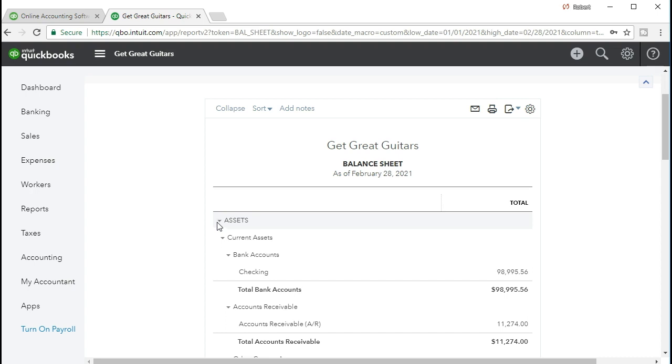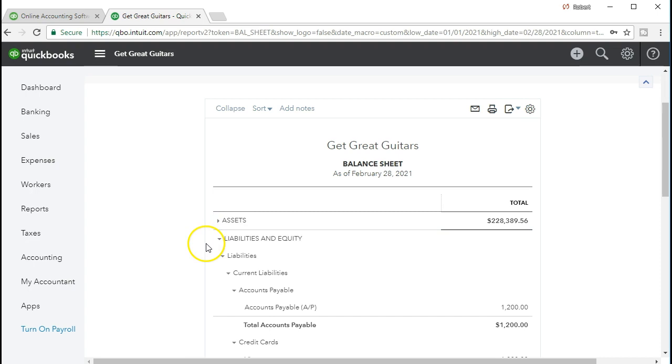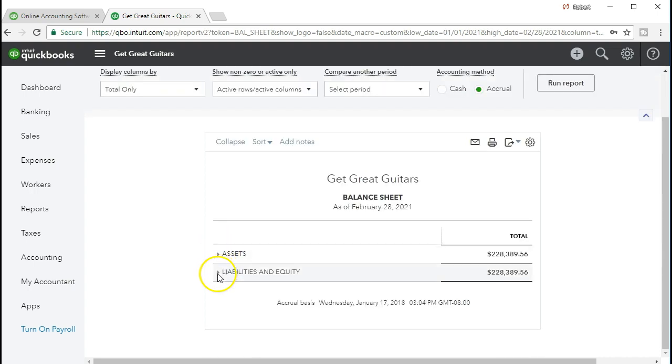If I select this arrow, we'll see that it now just has total assets. If we say that we want to have the liabilities and equities and we select that arrow, then it'll change from that little triangle to the triangle going this way. And now this is our accounting equation in its simplest form. This is the balance sheet in balance. It's got the total assets equaling the liabilities and equity.